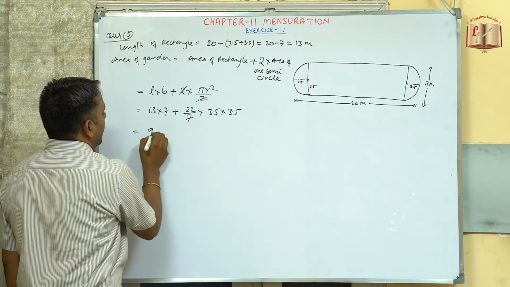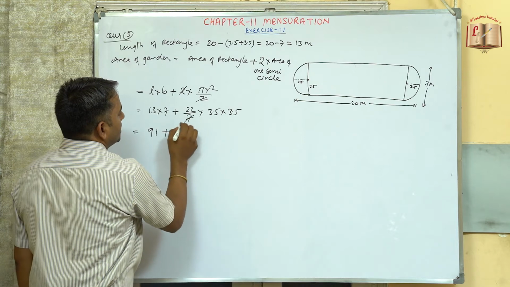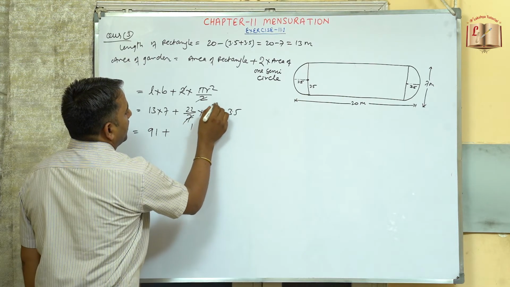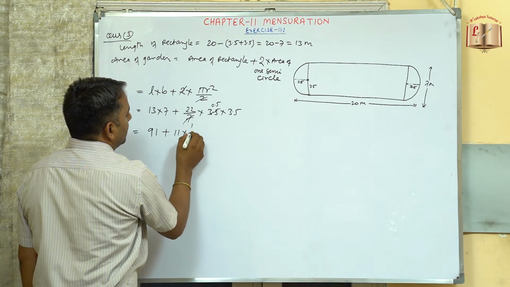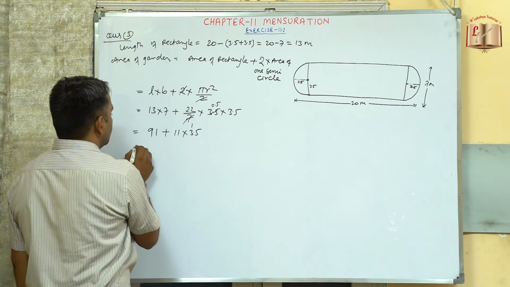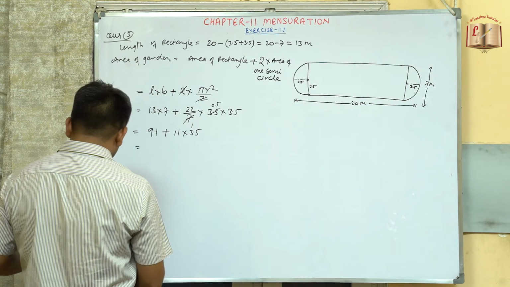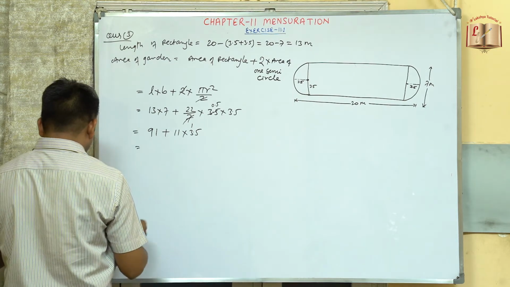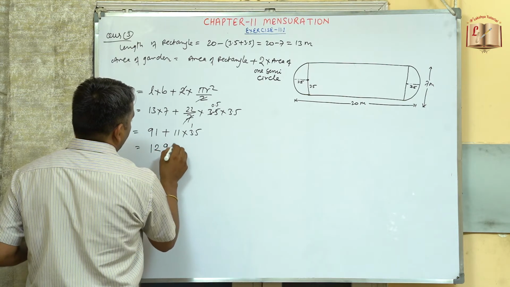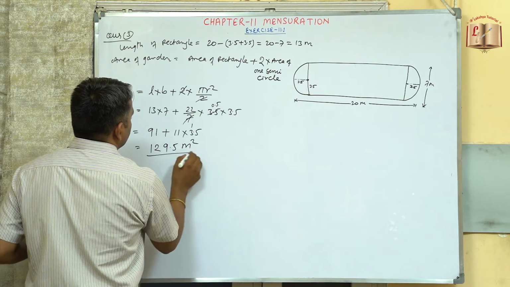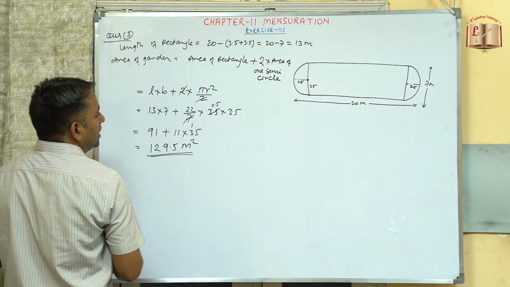So this will be 91 plus 7 by 7, 0.5 times. So this will be 11 into 3.5. On calculation this will be equal to 129.5 meter square. So this is the area.